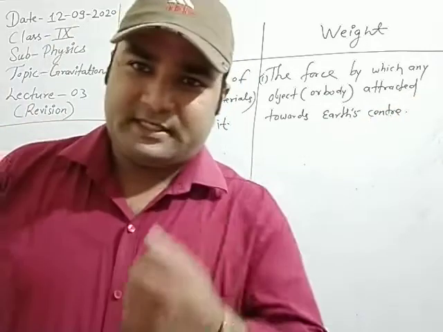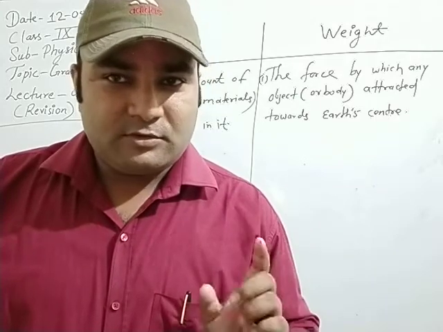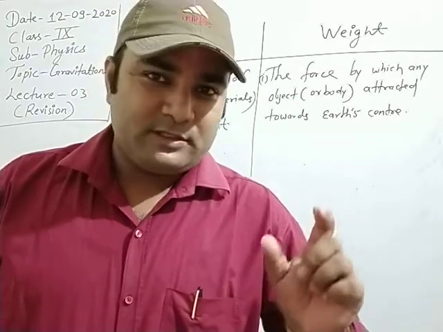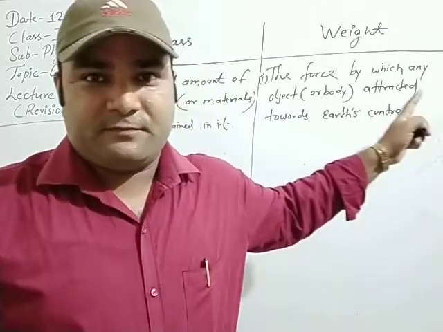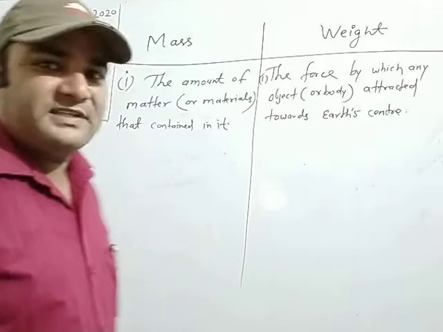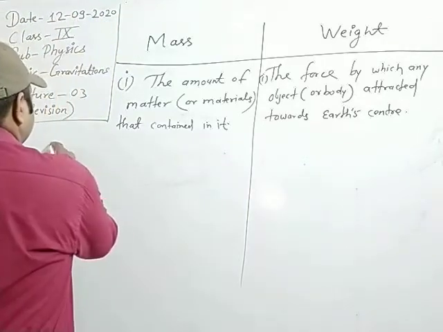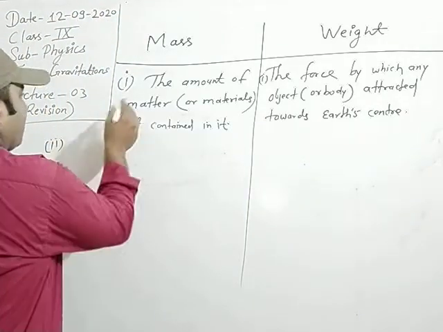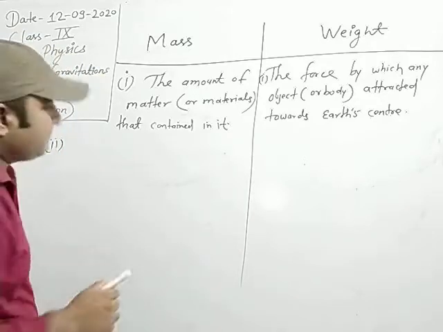When the definition is clear, the concept will also be clear for numerical solving. Here this is the force value, and here there is only one thing, the mass, m.